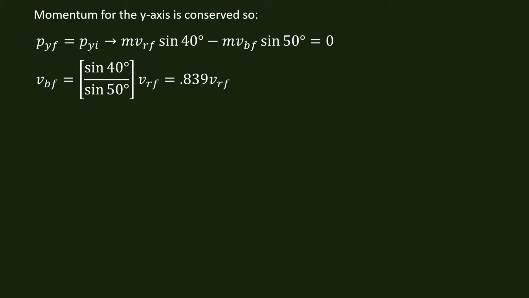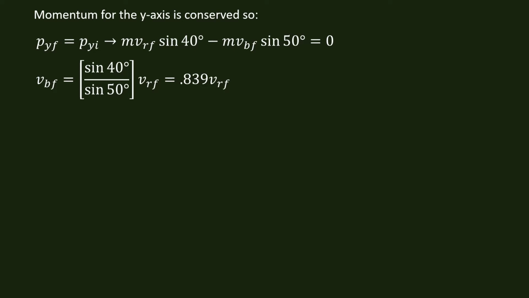So momentum for the y-axis is conserved. Finding this, our first equation, because we have two variables we have to find, so we need two equations. So we'll start with the y.